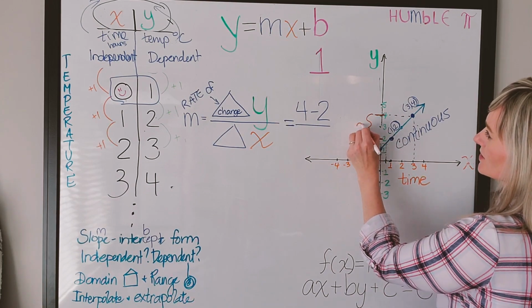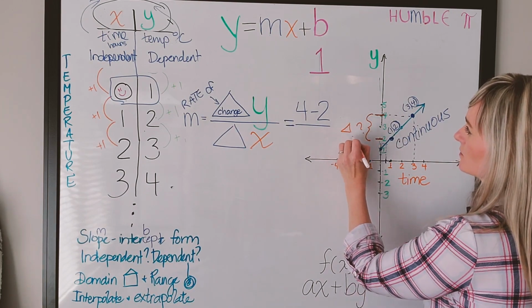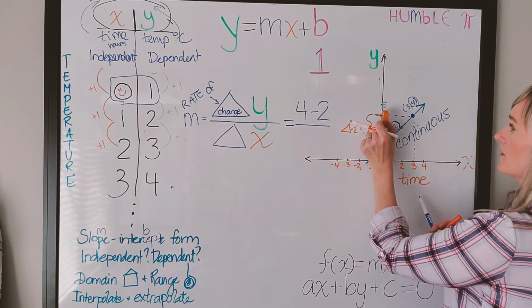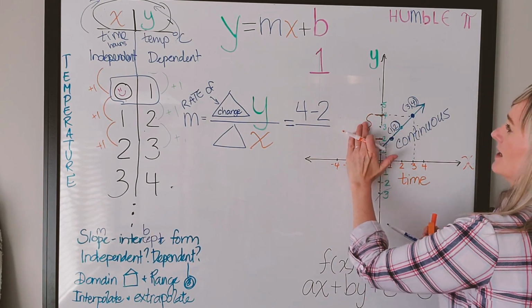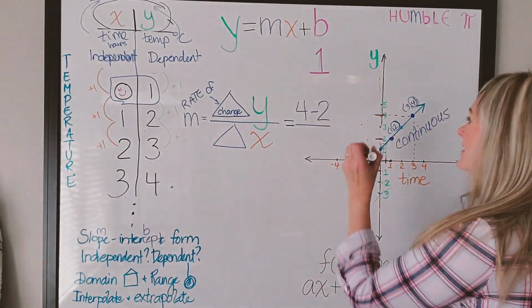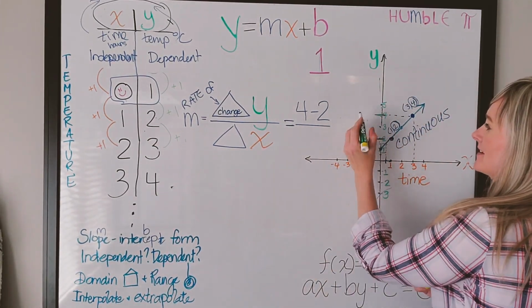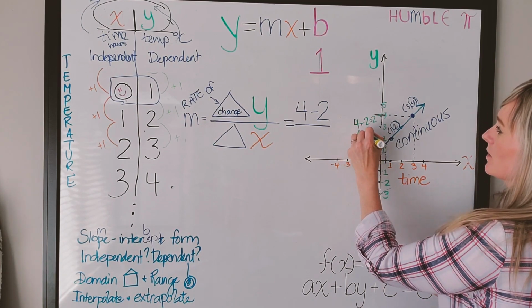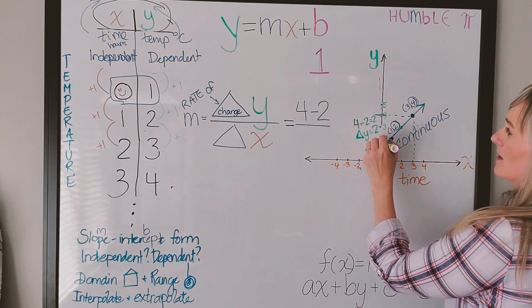What is that change? Our change in y is 2. Okay, so our green frog went up, speaking of mistakes, that was supposed to be green. So our y value, 4 minus 2 equals 2, or our change in y was 2.